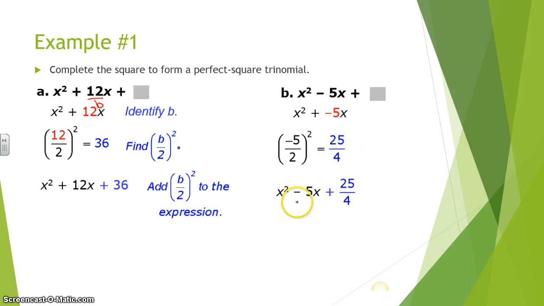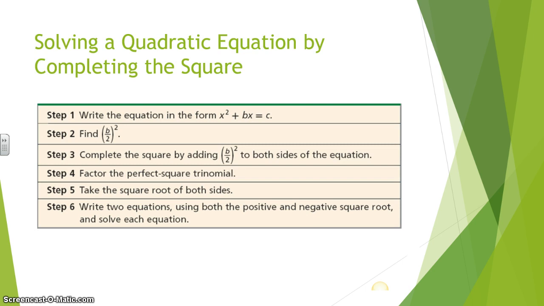So you get x squared minus 5x plus 25 over 4. What they did here, when squaring negative 5 divided by 2, is negative 5 squared, negative 5 times negative 5 is 25. 2 times 2 is 4. And that is the answer, x squared minus 5x plus 25 over 4.